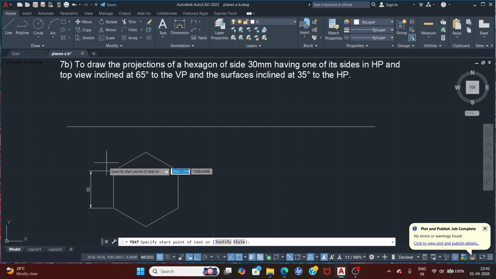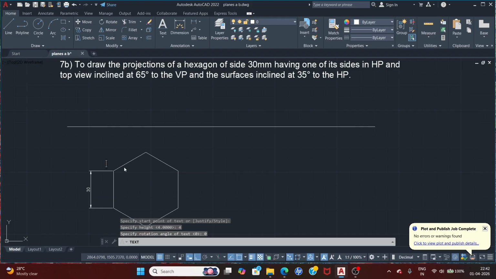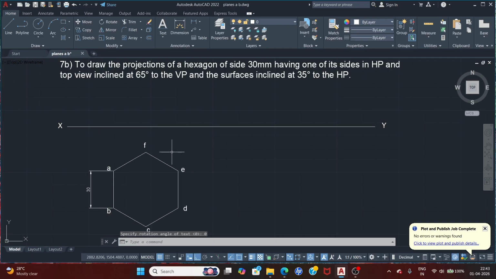So use the text command and indicate it as A, B, C, D and E, then F. Okay, so like this we have to indicate. Now capital X and capital Y. Okay, so now use the line command and draw the projections.